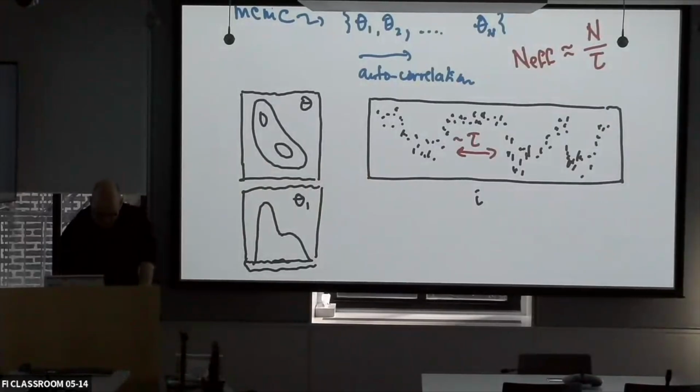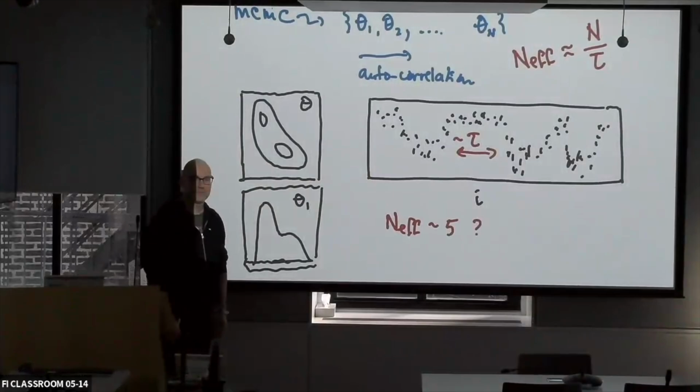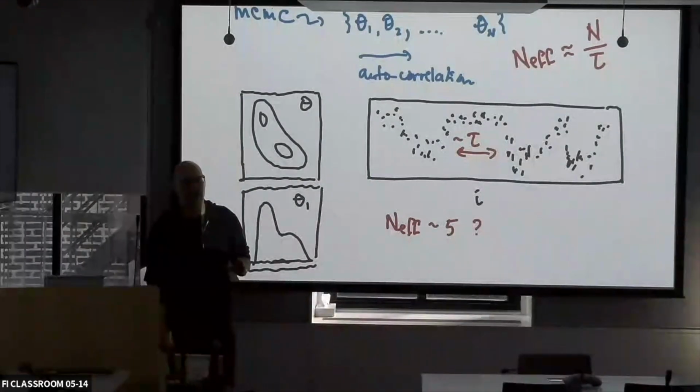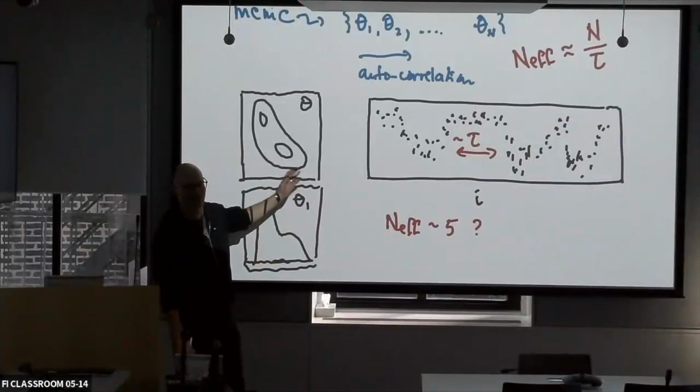And that suggests that the effective number of samples you have here is maybe, I don't know, 3, 5. We can say a lot of technical things going forward, but if it looks like this, you're not converged. That is almost the most important thing about MCMC.